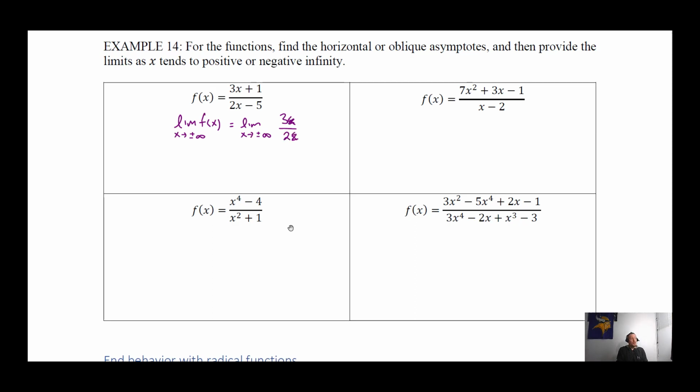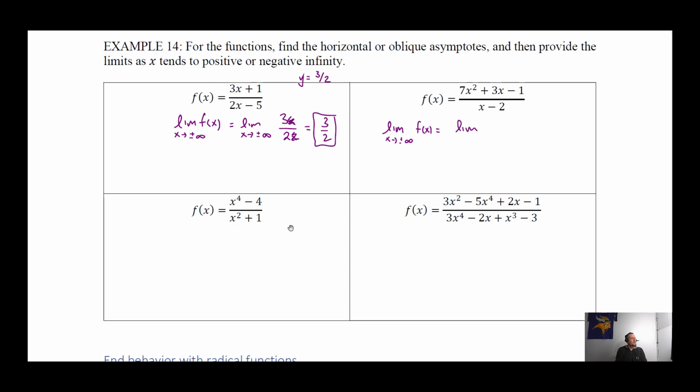With a little bit of algebra, I can see the x is reduced, and so the answer here is just going to be 3/2. The corresponding idea is that the horizontal asymptote of this function is 3/2, and so you can see it bouncing towards 3/2.